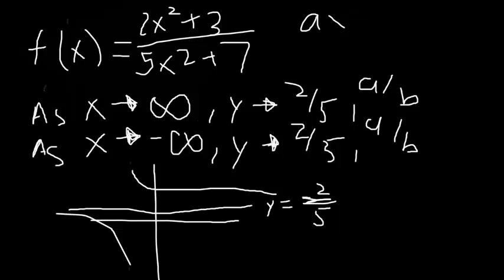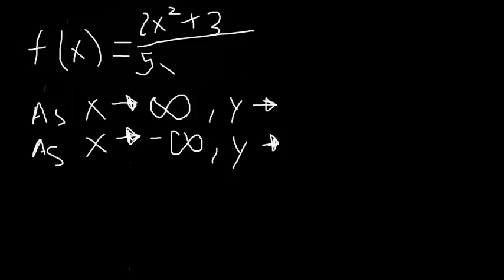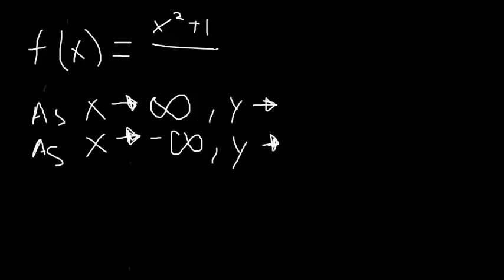we have the final possible scenario, which is what happens if the degree of the numerator is greater than the degree of the denominator. For example, x squared plus 1 over x plus 1.